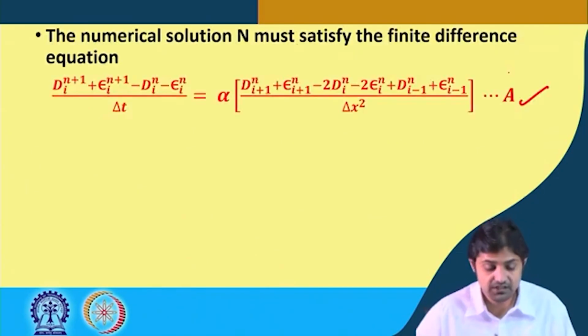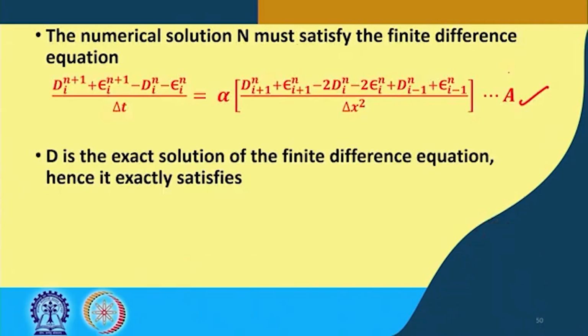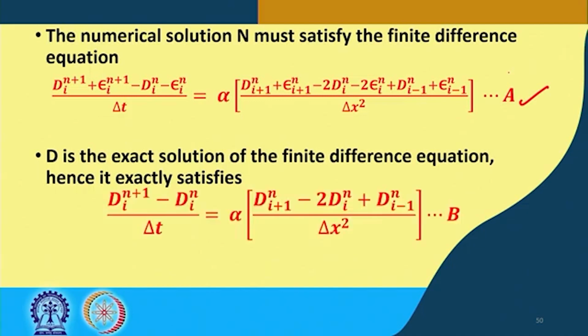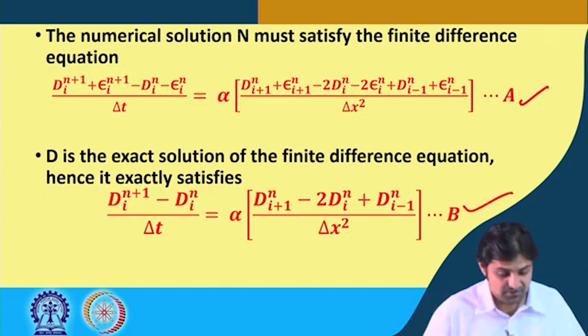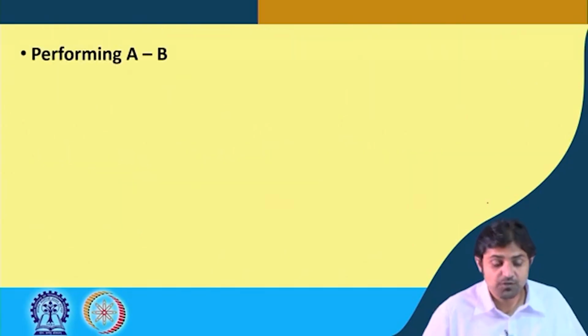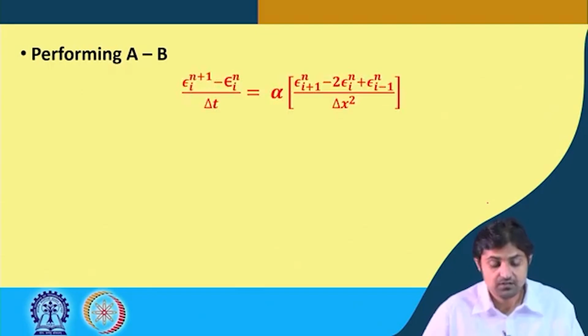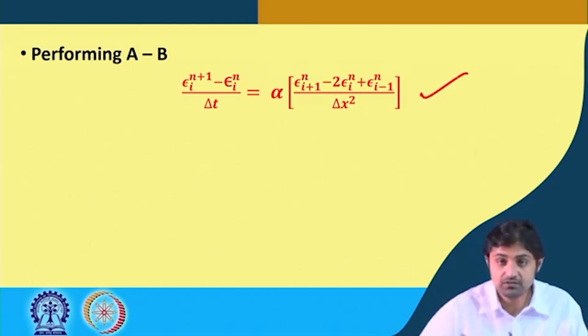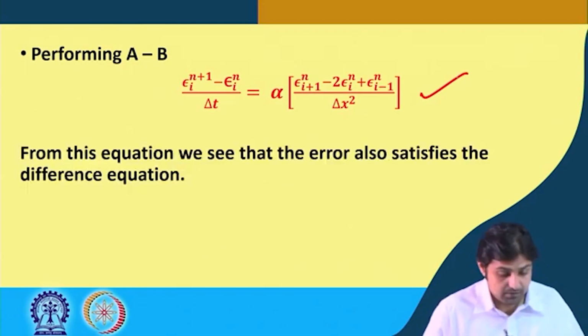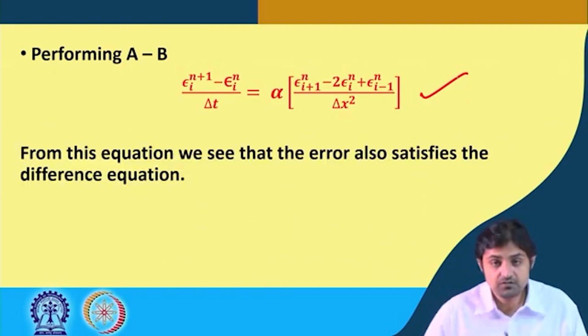You see, this is A. D is the exact solution of the finite difference equation, hence it exactly satisfies this, so N will satisfy both. So, if we perform A minus B, epsilon i at n plus 1 minus epsilon i at n over delta t will be written. From this equation we can see that the error also satisfies the difference equation.